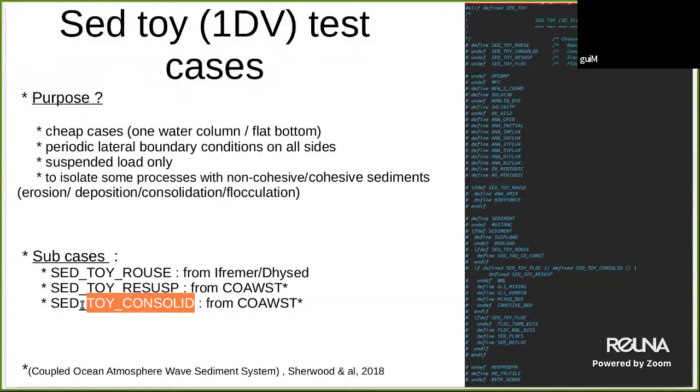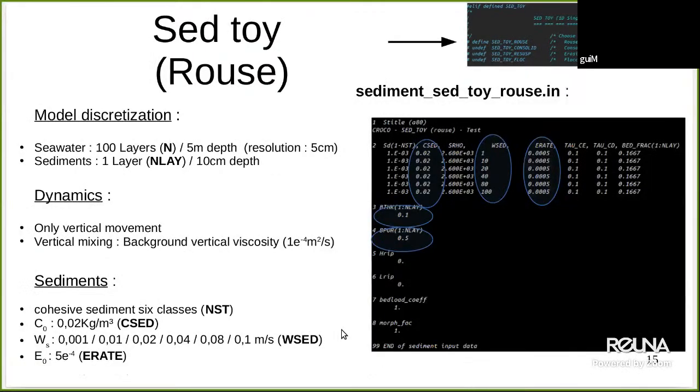And these two are coming from the paper from Sherwood, so I invite you, if you want to have more information about it. COAST means coupled ocean, atmosphere, wave, sediment system. And that's it. So I begin with the Rouse subcase.